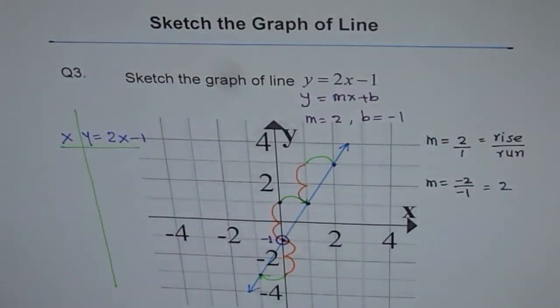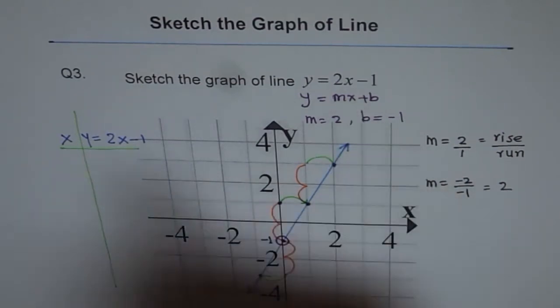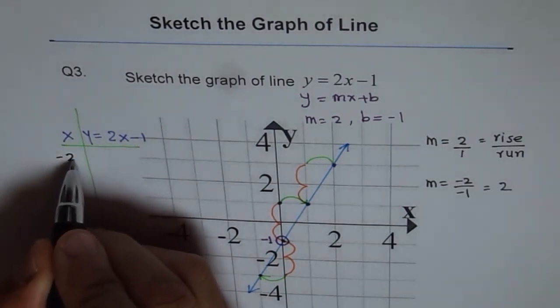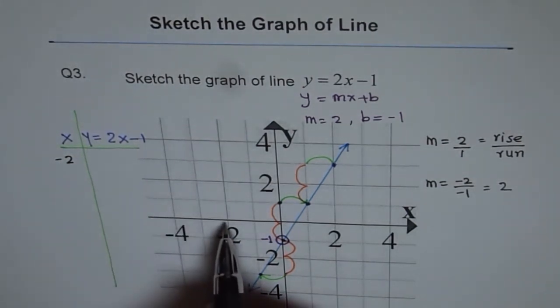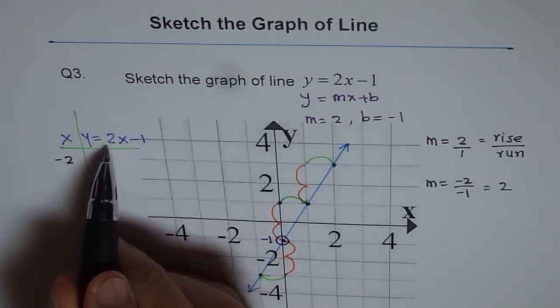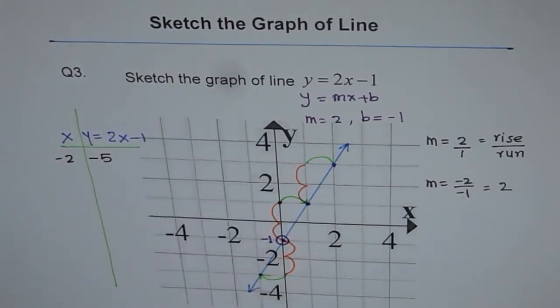So what we will do is write different values of x and calculate the values of y. The best values to start with for these kinds of graphs, you can start with, let's say, minus 2. So x of minus 2 is here, right? If I put minus 2 for x, then minus 2 times 2 is minus 4 and minus 4 minus 1 is minus 5. So I get a y value of minus 5.